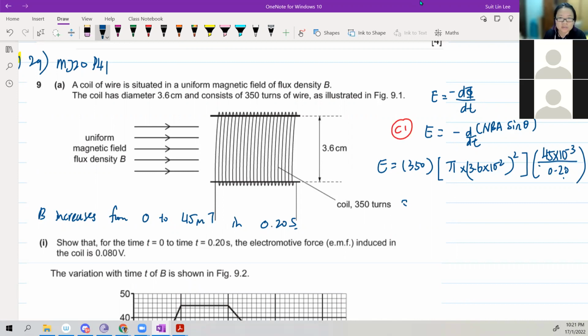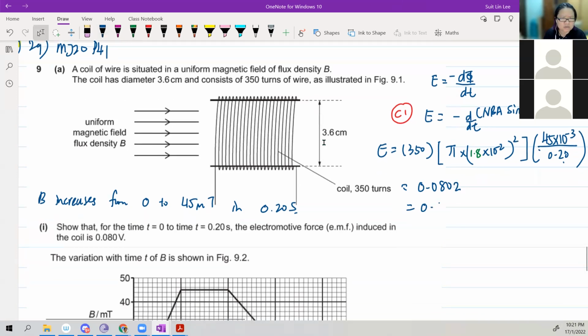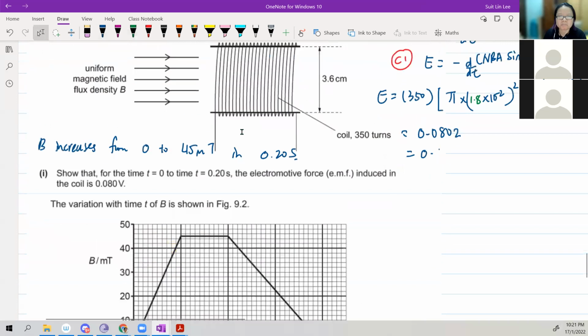Oh no, wait, this is diameter. Need to change to radius. 3.6 divided by 1.8. Yep. So I got 0.080157, so 0.0802, my bad. Is it just 0.080? Yeah. Okay.